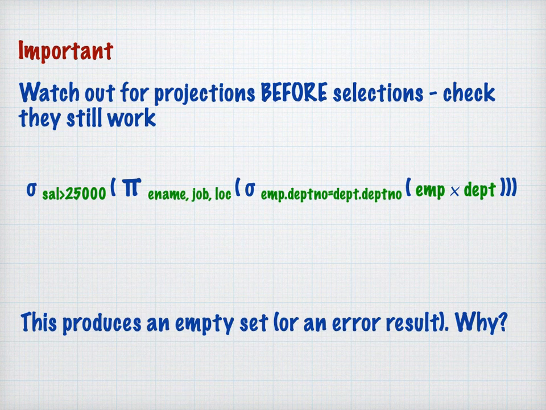But then we've done the projection next. That means we've removed all the columns apart from ename, job and location. And then we have a selection on the outside which says show me rows where only the sal is greater than 25,000. Now that logically will produce an empty set, and I'll leave you to think about why that doesn't work. There is a problem there.